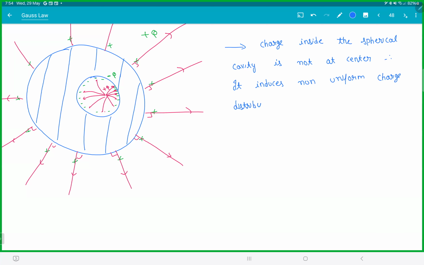So field lines will be pretty weird. Non-uniform distribution, but total charge is still minus capital Q. So we have a non-uniform field inside.